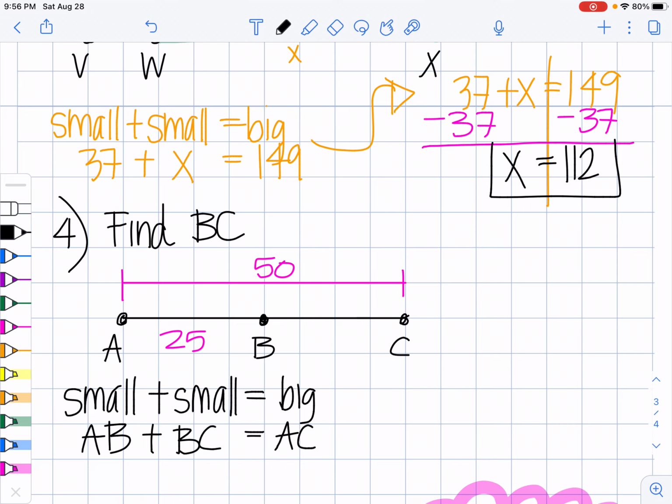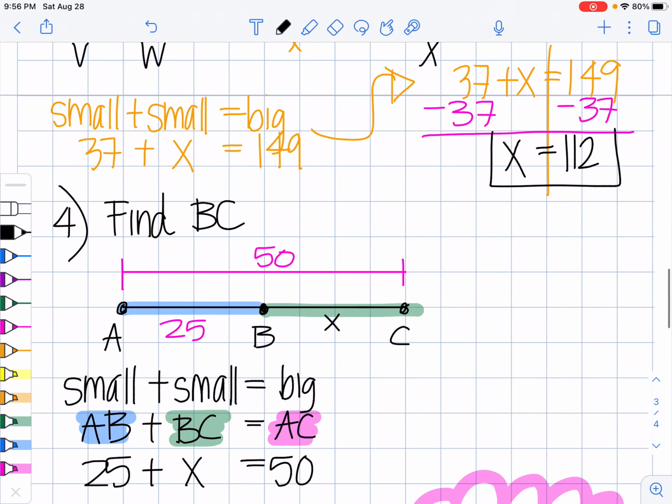So how much is my small, my first one? AB is 25. How much is BC? I don't know. I'm going to call this guy X because I don't know what it is. And my last guy, AC, is equal to 50. So 25 plus X equals 50. I'm going to zoom this over here so I have space to work.